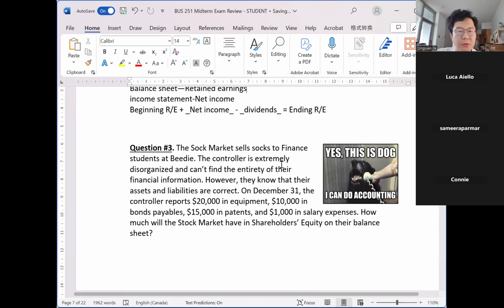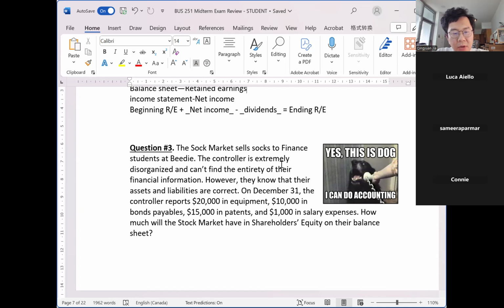So let's read this all together. The Stock Market sells stocks to finance students at BIDI. The controller is extremely disorganized and cannot find the entirety of the financial information. However, they know that their assets and liabilities are correct. On December 31, the controller reports 20,000 in equipment, 10,000 in bonds payable, 15,000 in patent, and 1,000 in salary expenses.